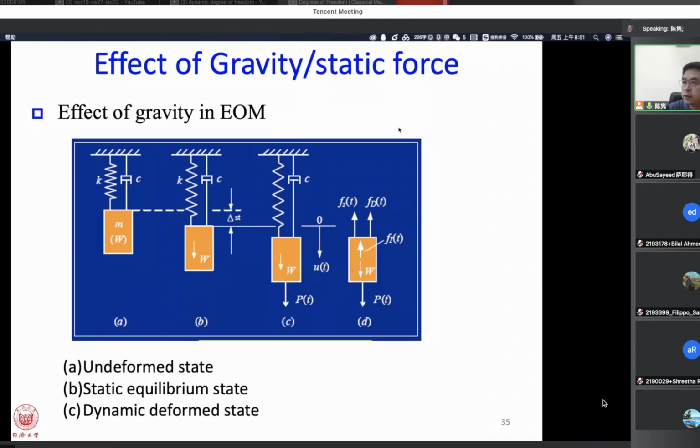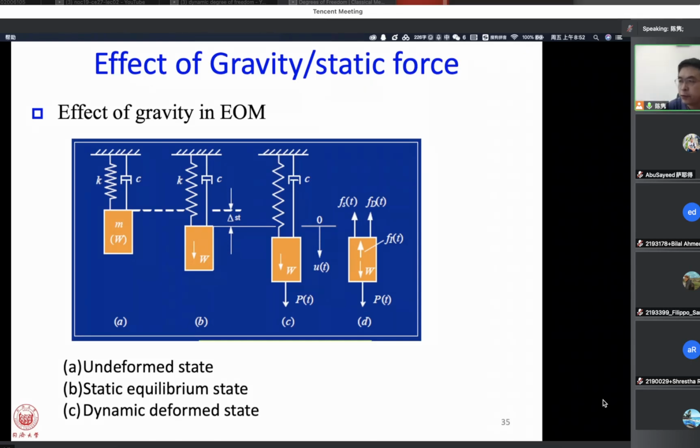So let's see this single degree of freedom system shown on the screen. On the very left, figure A, the system is in its very original position. By the very original, I mean that the stiffness, the k here, has no force. It's an undeformed state, which means there's zero deformation of the spring.